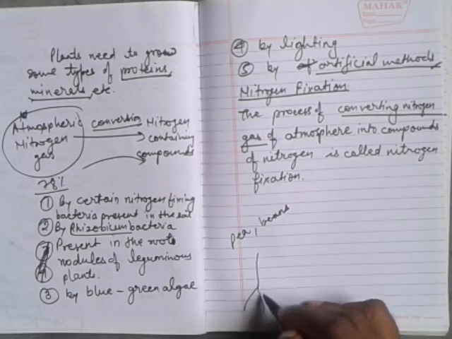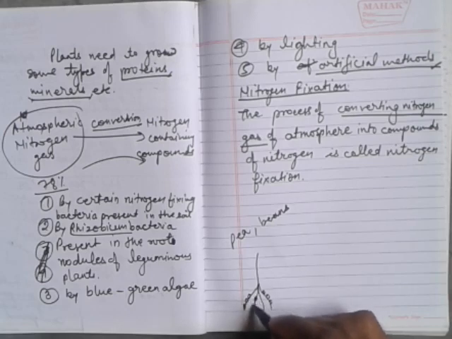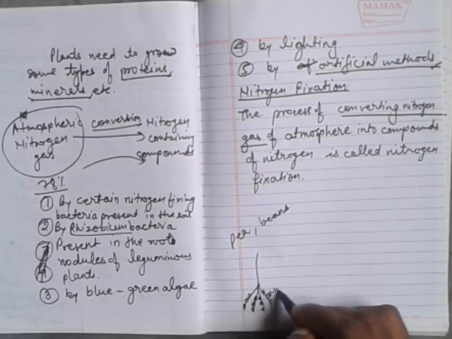They have in their roots some nodules like this. This is called a nodule.